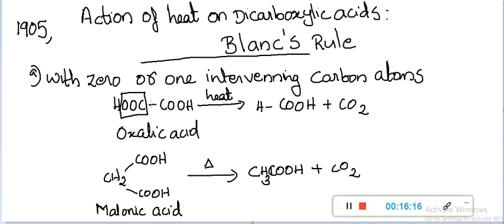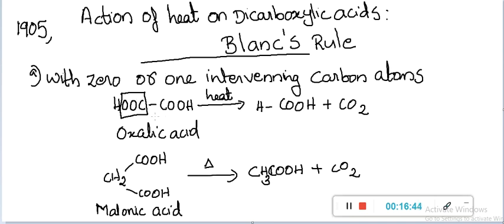These types of dicarboxylic acids are involved in this category. When they are heated, they will decompose into monocarboxylic acids, and carbon dioxide gets eliminated.